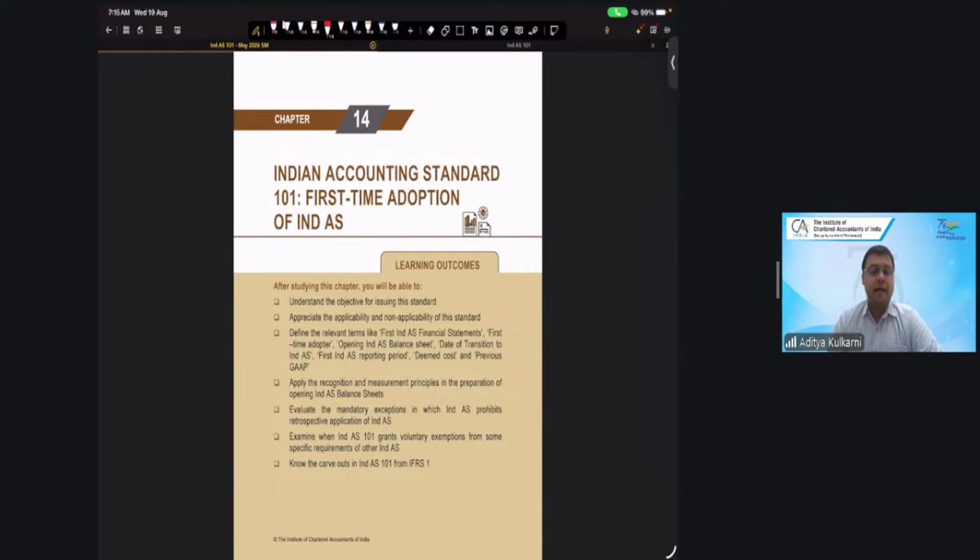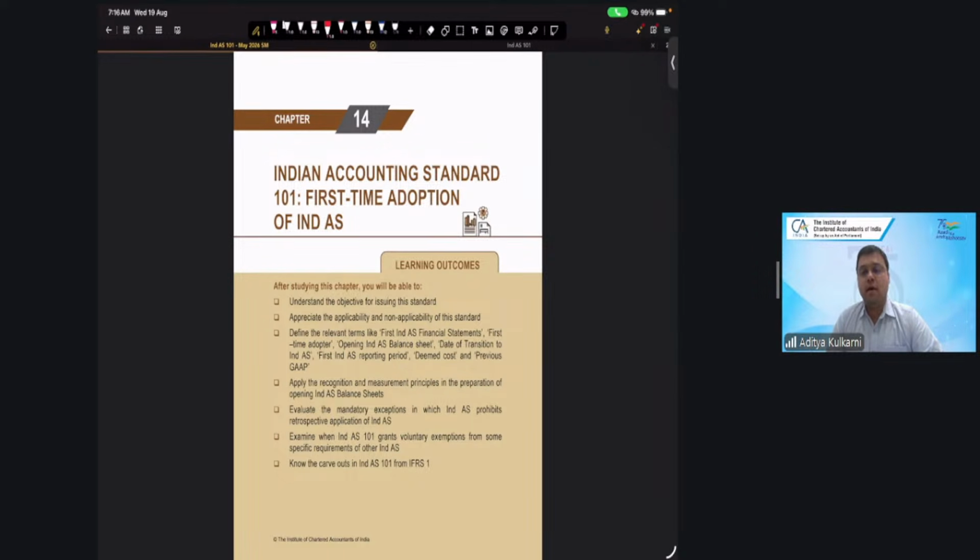And keeping in mind this practicality, Ind AS 101, which came from its mother IFRS 1, was brought into force. Ind AS 101 gives us a lot of proxies, a lot of exceptions, a lot of benefits, a lot of surrogate advantages.